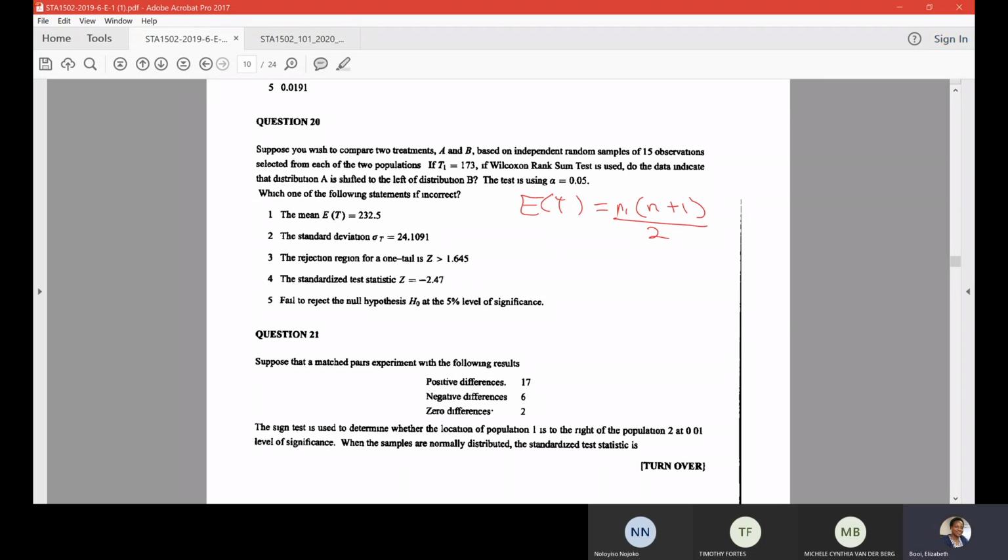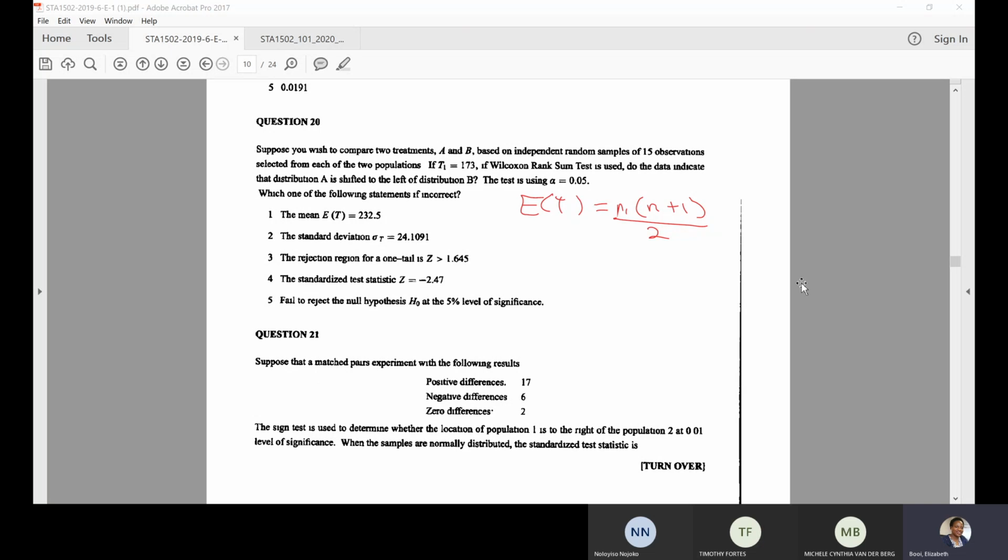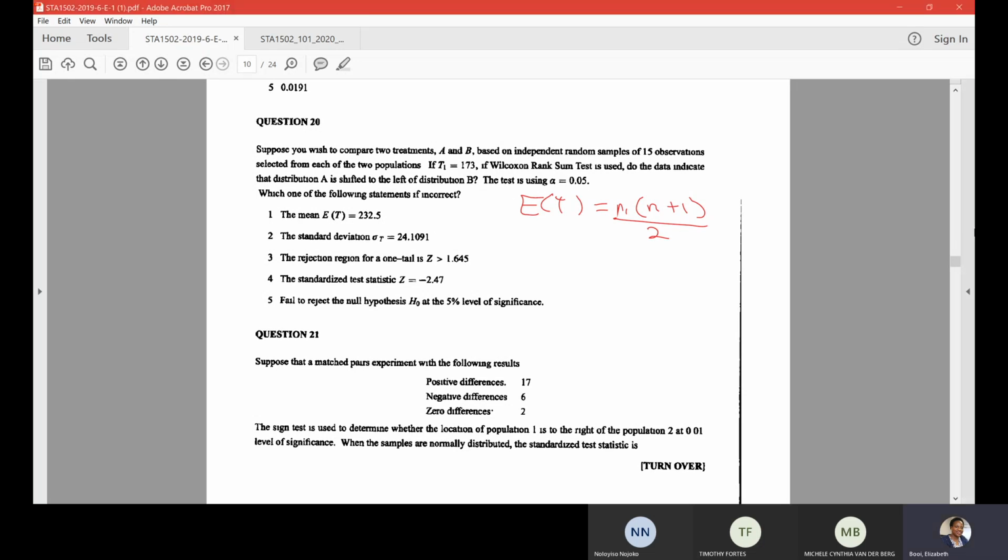That is to answer number 1. Oh, wait, sorry, I'm using the wrong one. We need to be using the sum ranks.